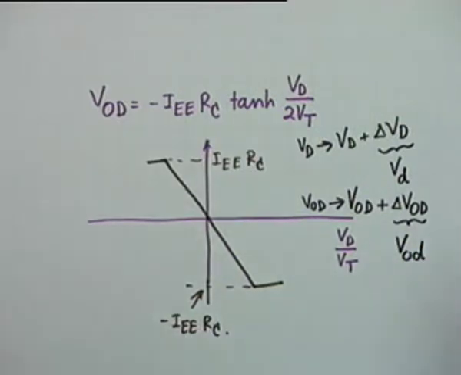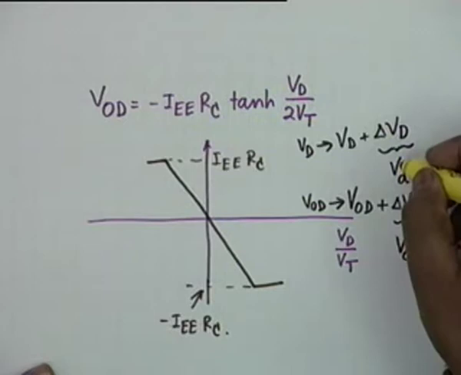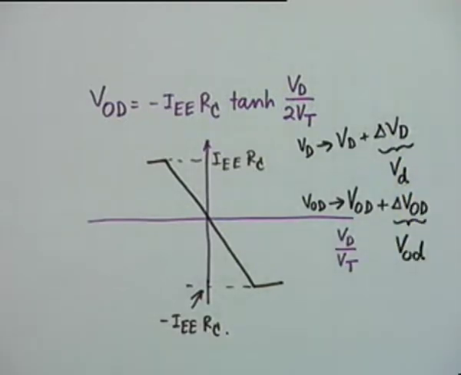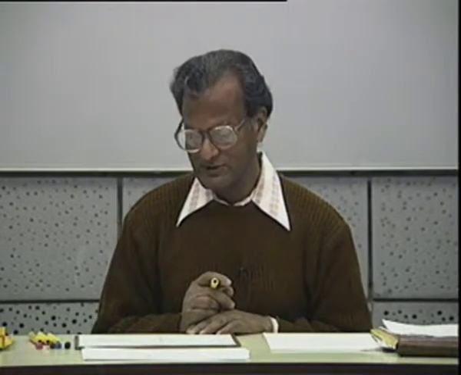This is the output signal, and the ratio of these two, VOD by VD, shall give you the gain of the amplifier. All right, this is the utility of the DC analysis, and it also incidentally showed what range you should be concerned with for linear amplification.